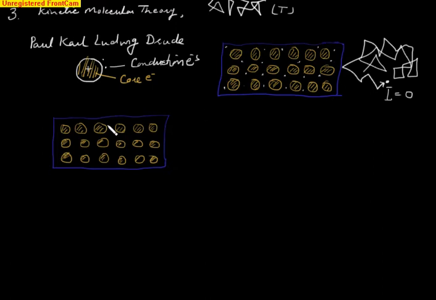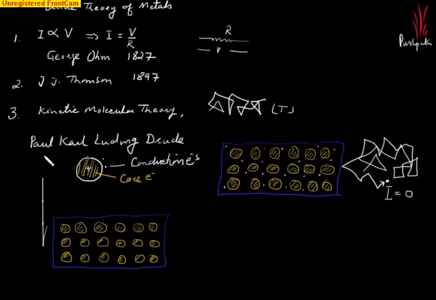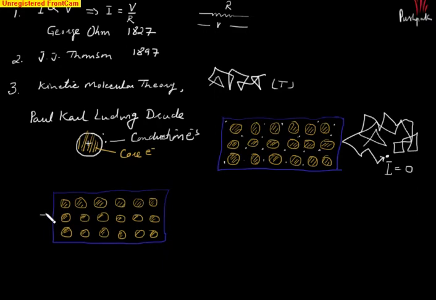Now let us assume this piece of metal is placed under an electric field such that one end of metal is connected to positive terminal of battery and other end is connected to negative terminal of battery, and an electric field is applied across the metal piece, and under this condition each electron inside the metal which is moving randomly in all possible directions acquires a force, or you can say electric force, which is given by the magnitude of this applied electric field.